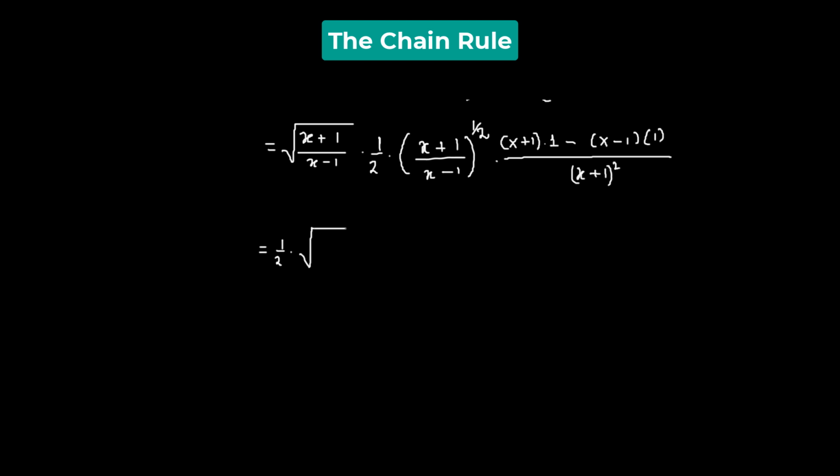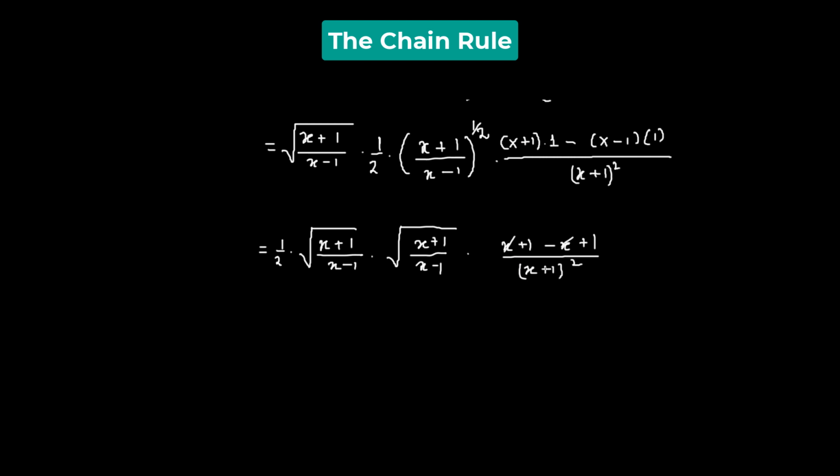So we have the square root of x plus 1 over x minus 1 multiplied by the square root of x plus 1 over x minus 1 times, so we have x plus 1 minus x plus 1, divided by x plus 1 whole squared.